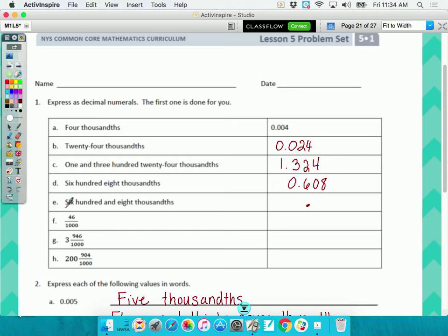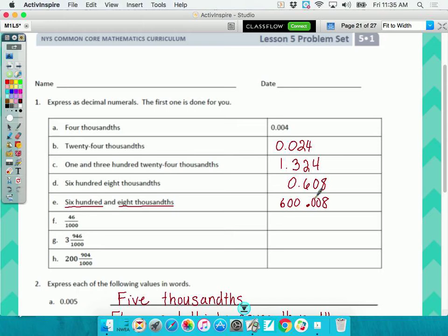What number is before the decimal? 600. 600. What is after the decimal, or after the word and? 8 thousandths. So the 8 goes in the thousandths place. What do I fill in with? 0. There's 608 thousandths.